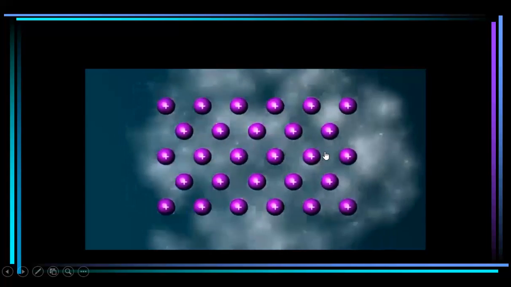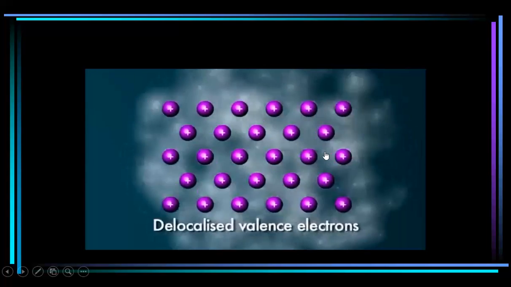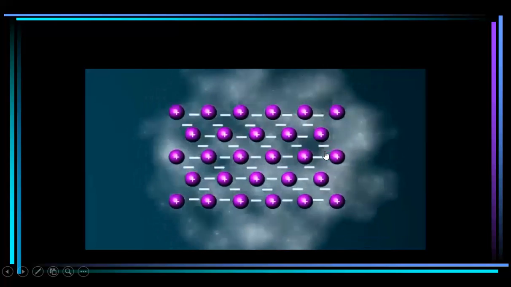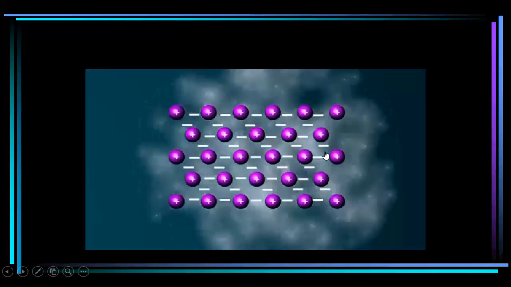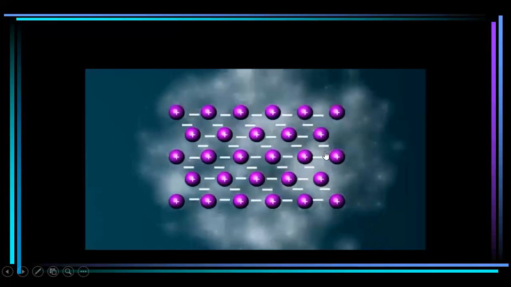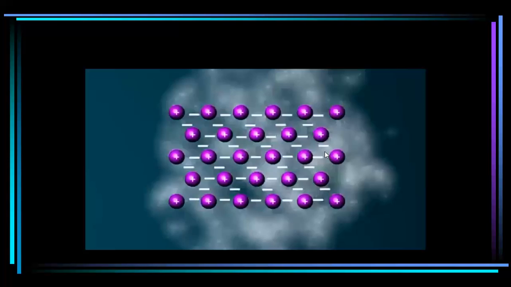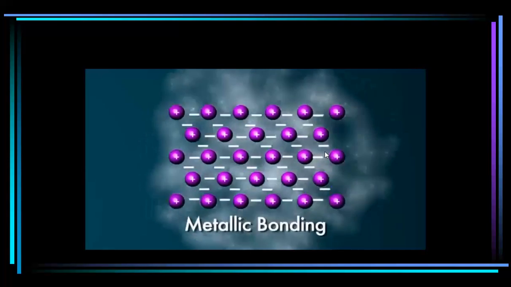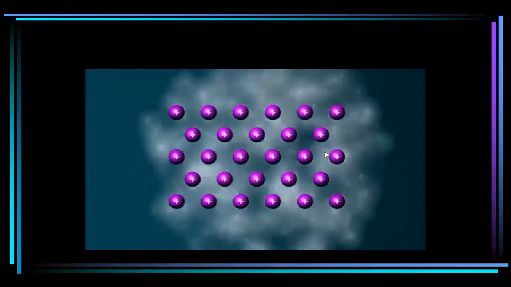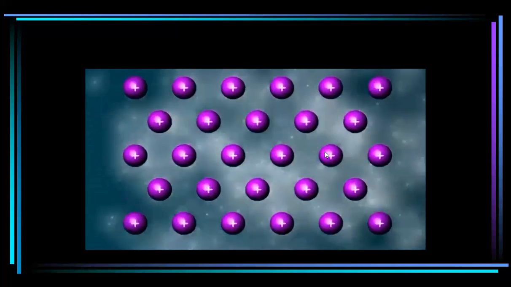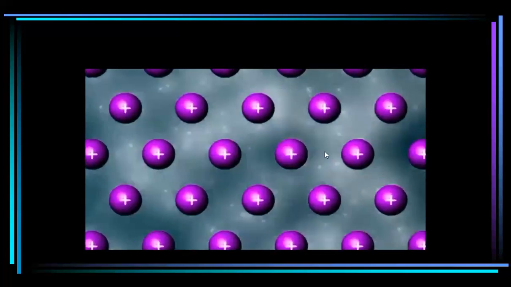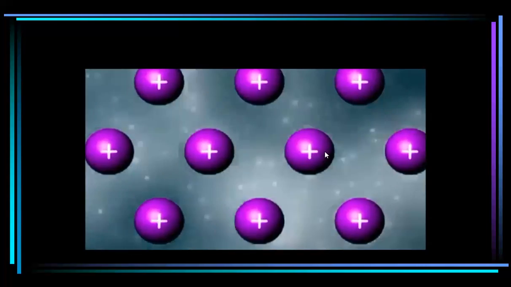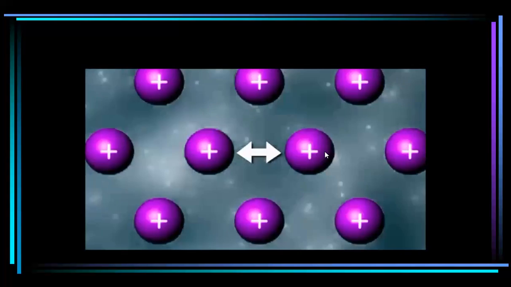A sea of delocalized valence electrons surrounds the crystal lattice of the cations. The structure is held together by the strong electrostatic force between the sea of valence electrons and the metal cations. This is called metallic bonding. The electrons are constantly on the move, so the bonding acts in all directions. Metallic bonding is powerful enough to overcome the force of repulsion between the closely packed cations.